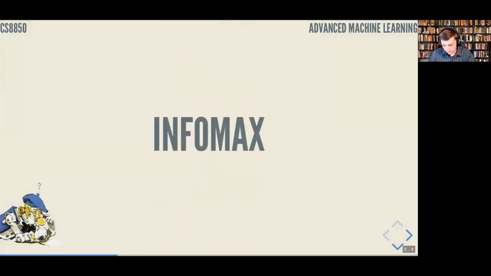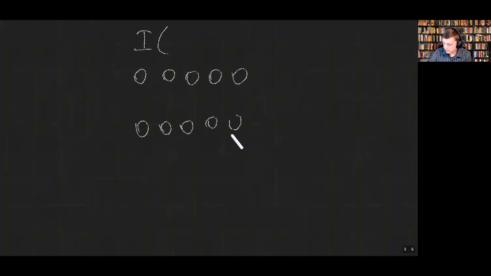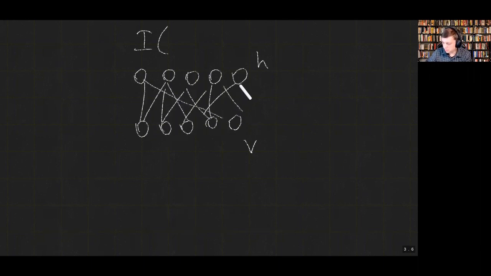Another algorithm is based on a different principle, now with entropy. And this principle is called Infomax. Remember our initial figure where we had our visible units and hidden units, or input and output. Think of it as if our output is the sources that we want to get.